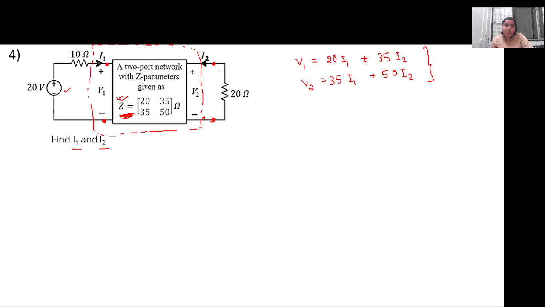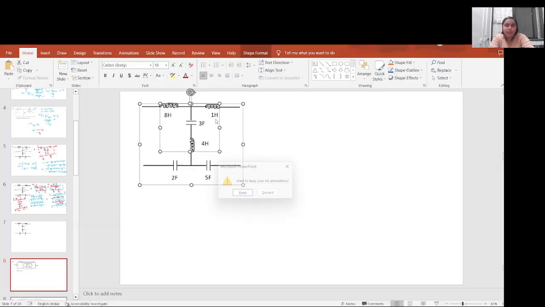Now the new condition that has come up is that the output voltage of the two-port network is equal to the voltage across this load resistance of 20 ohm that is connected, right?